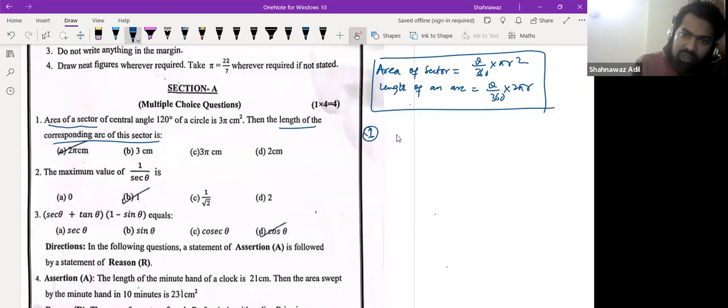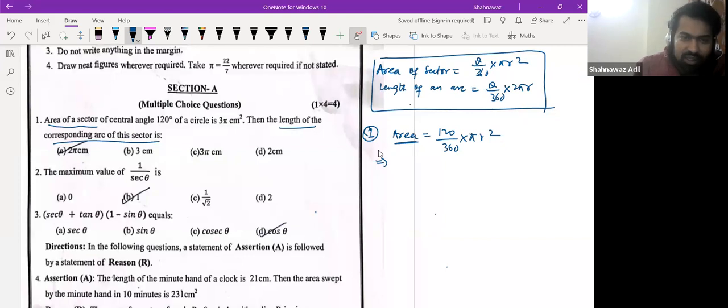So what is the area of the sector? What is given? Area of sector is 120/360 into pi r square. And what is the area which is given? Look at the question.